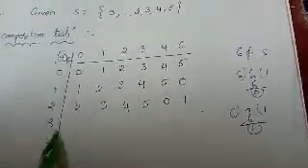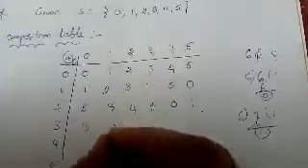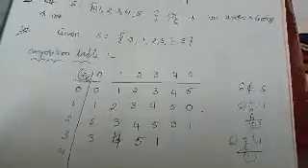And then here 3 plus 0 gives 3, 3 plus 1 is 4, 3 plus 2 is 5, 3 plus 3 is 6, which gives 0, 3 plus 4 is 7, which gives 1.